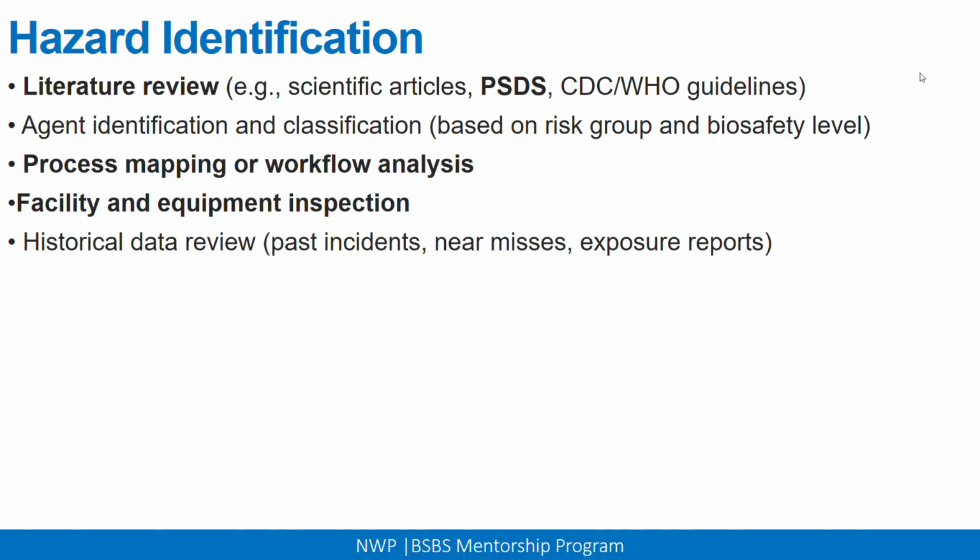So you look at the incident management, your logs, and your incident investigations. You check how many incidences have so far happened where people were exposed to the biological agents you are handling or anything else.